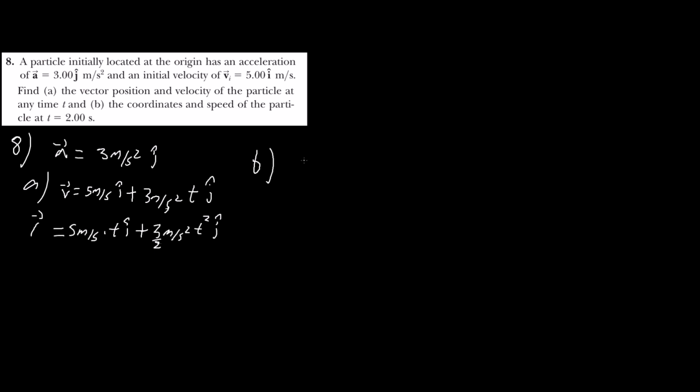So let's find that vector. r at 2 seconds is going to be 10 meters in the I-hat direction and 6 meters in the j-hat direction. Now that's the coordinate position. That's where the particle's position is.